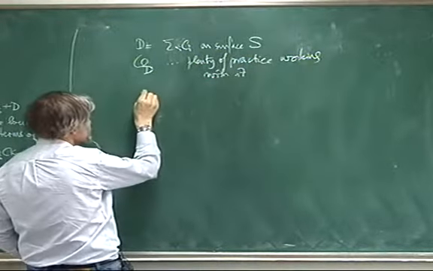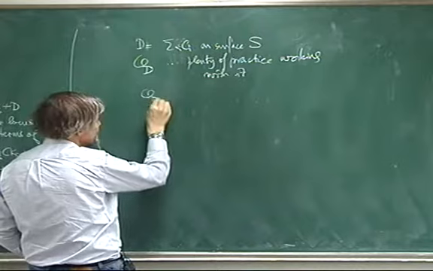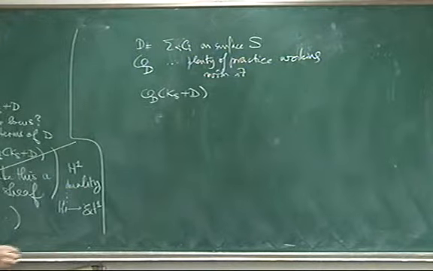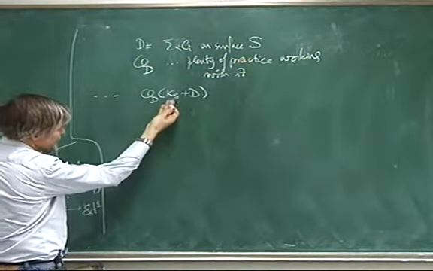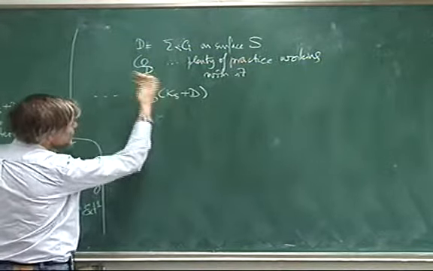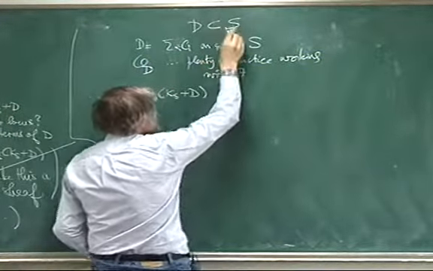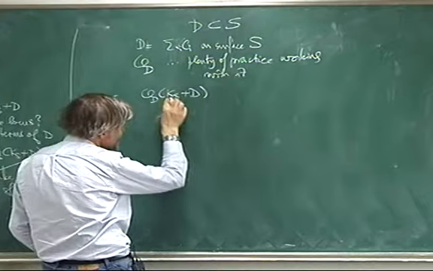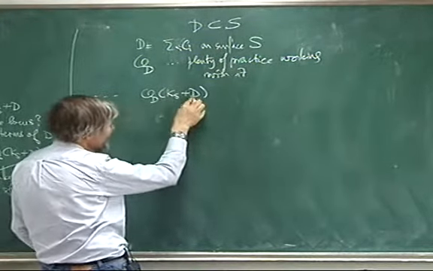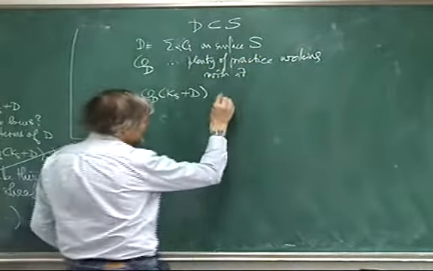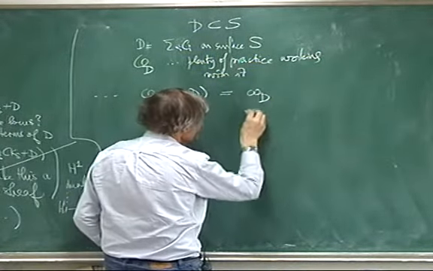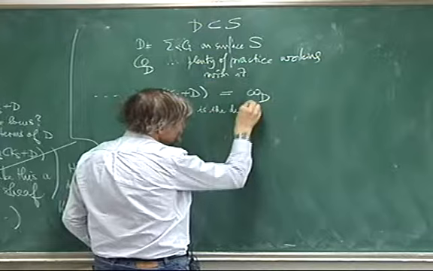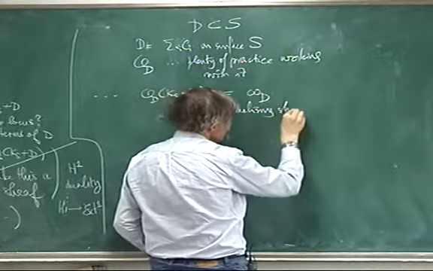And then sometimes we're also going to be interested in OD of Ks plus D. So I go up to the surface, D is contained in S. This is differentials on S with poles along D, and then I restrict that to D. And this guy is omega D, and so this is the dualizing sheaf of the scheme D.